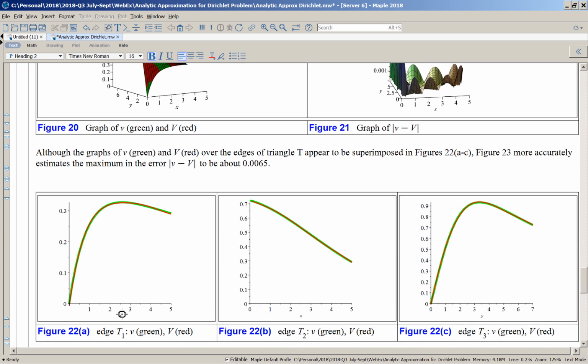This is what it looks like if you graph the approximate solution against the exact solution strictly on the boundary.